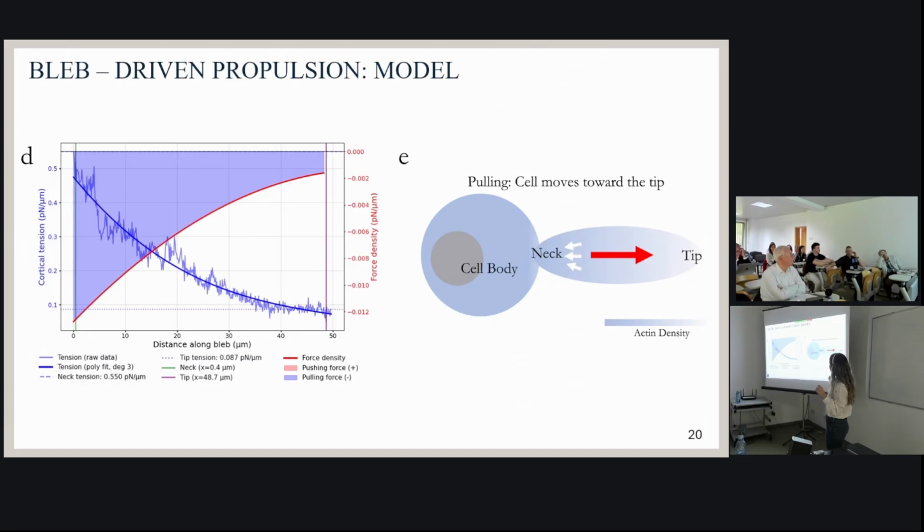Here in the region of the neck, where the active flow is in this direction, we have a higher tension, so we need to apply less pressure to do the suction moves. Here is just the schematic representation, once again showing the accumulation of actin, the flow of actin, and the movement of the cells in the opposite direction.